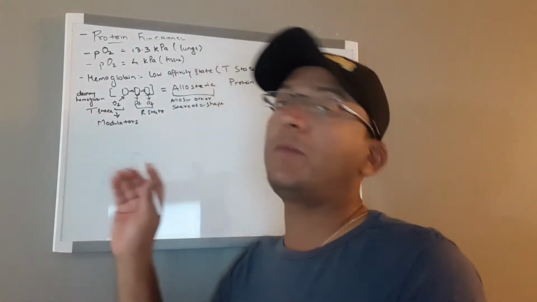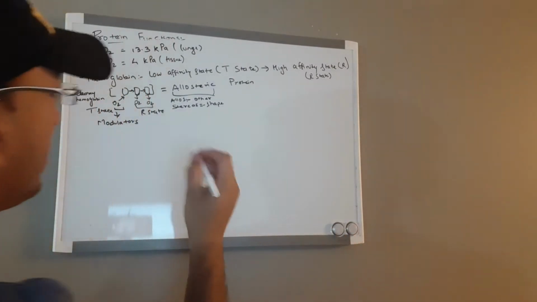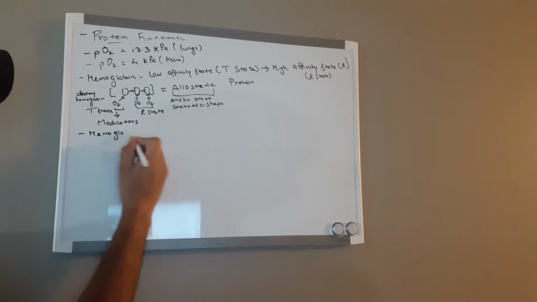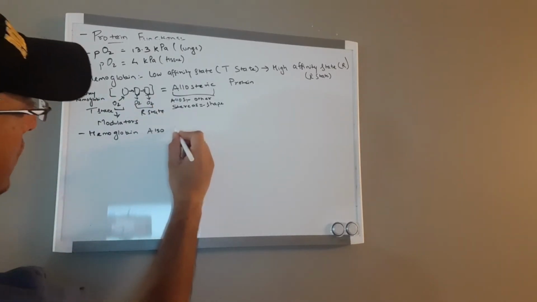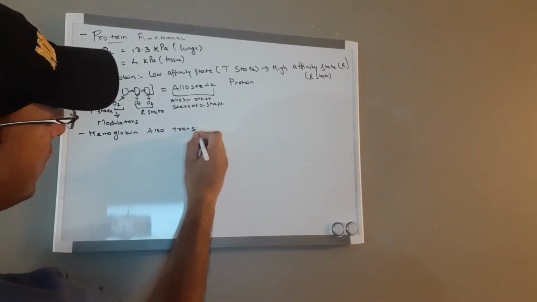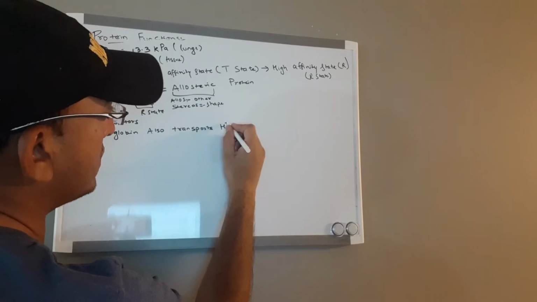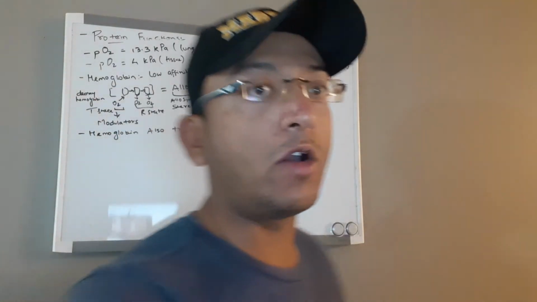Hemoglobin transports oxygen, but it does not only transport oxygen. Hemoglobin also transports H plus, that is protons, and CO2, that is carbon dioxide.